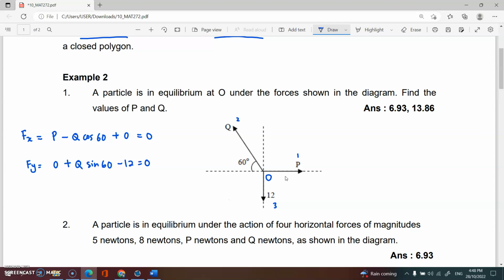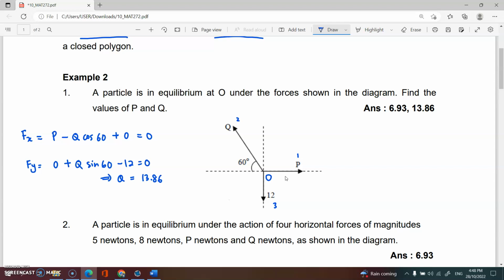Now you have two equations and two unknowns, so you just do the simultaneous equation. From the y component, you can directly get Q, which is 13.86. The magnitude of Q is 13.86.